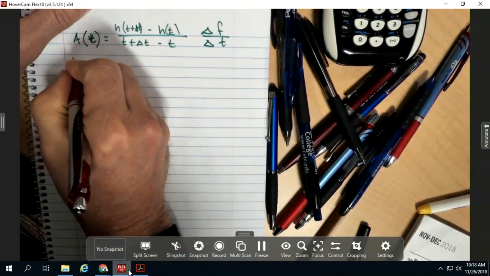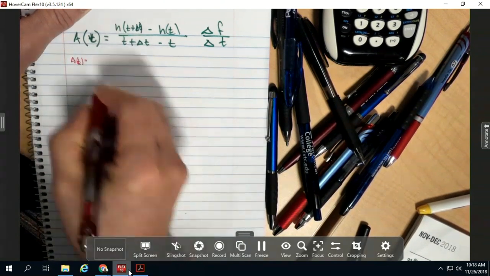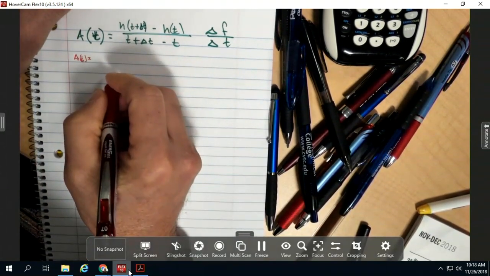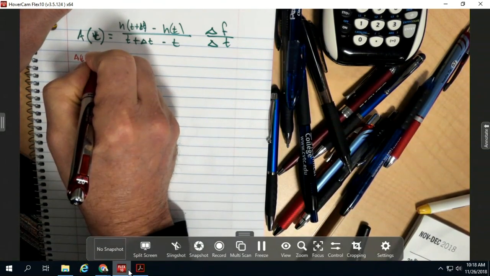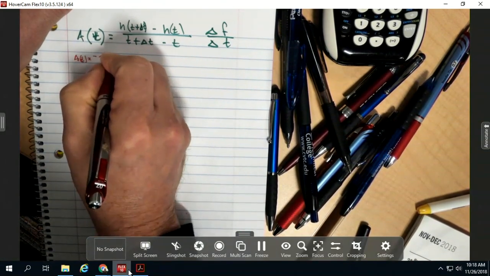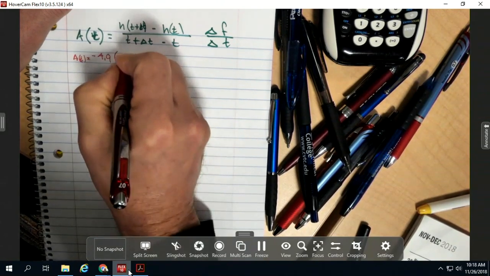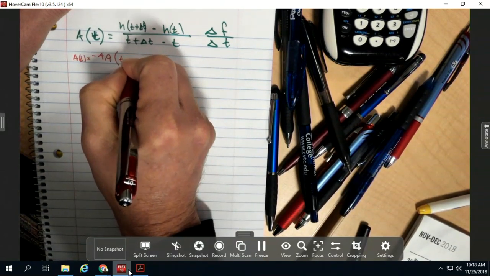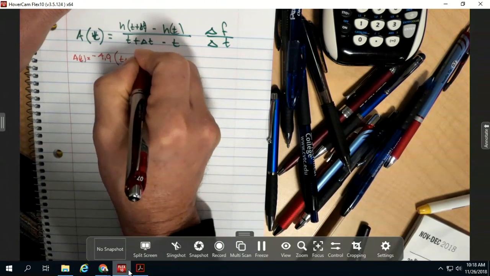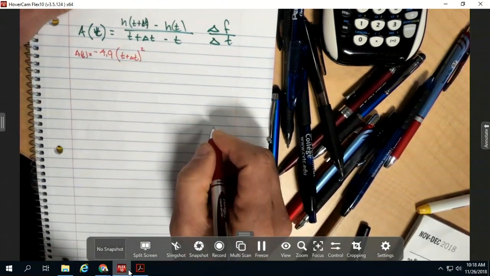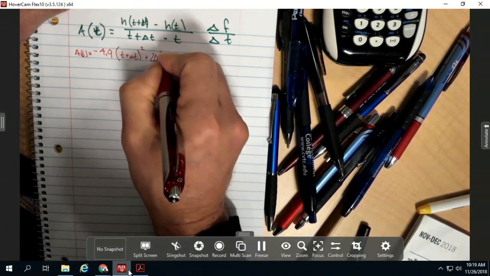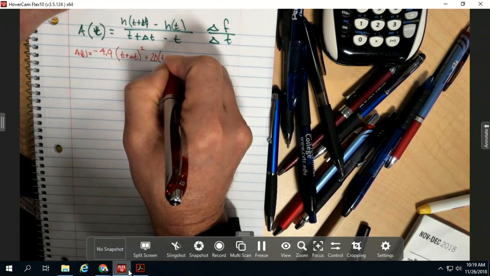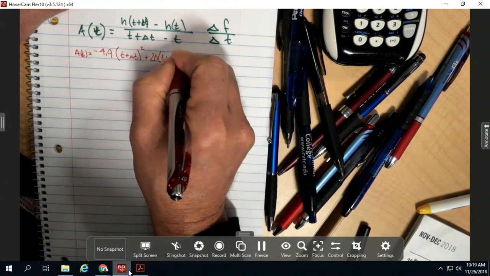So, A of t is, for our numerator, negative 4.9 times t plus delta t squared plus 20 times t plus delta t.